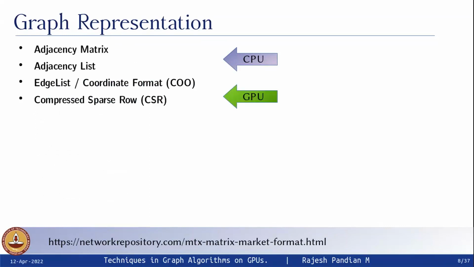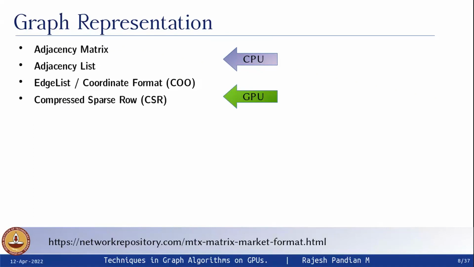The other two, the edge list or coordinate format, and the compressed sparse row format, are well suited for GPU. We'll get to why they are better.